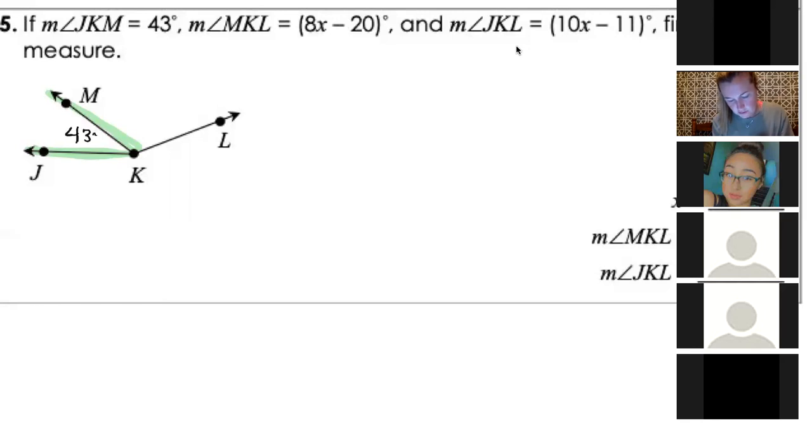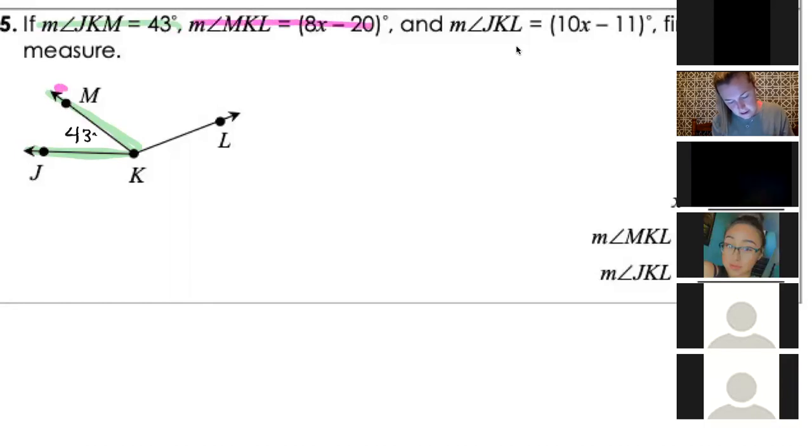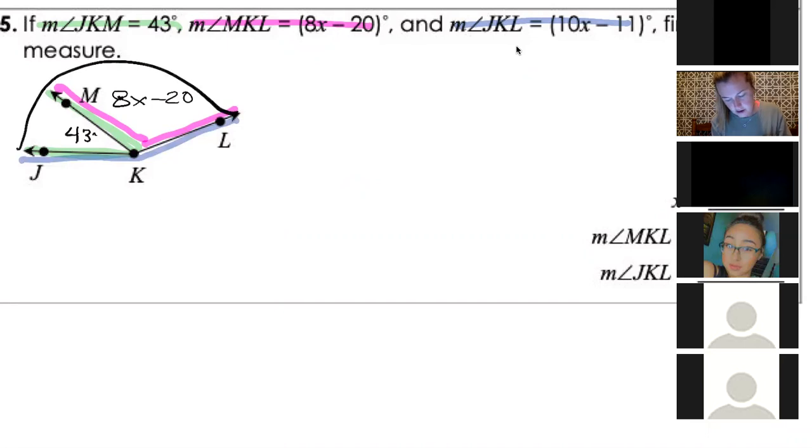Next, we'll do it in pink, and we have MKL, M to K to L, and that gives us 8x minus 20. And then lastly, we have this one right here, JKL. And I like to write that on the outside personally, right here, 10x minus 1, okay?